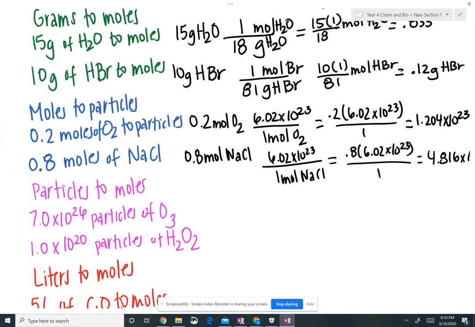Sometimes they'll ask you to go the other way. So this time we're going to go from particles to moles. We have 7.0 times 10 to the 26 particles, and then I am going to go to moles. In this case, I want moles at the top and 6.02 times 10 to the 23rd at the bottom, so I'm going to be dividing.